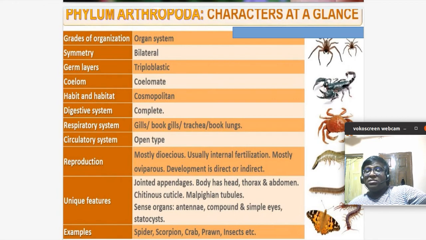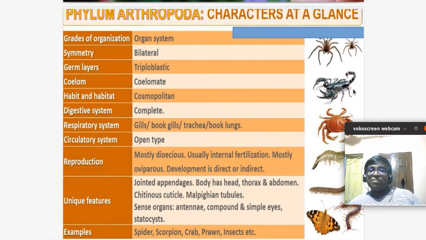See, the scorpion also belongs to this phylum Arthropoda as they have jointed legs. But scorpion is an example of ovoviviparous condition. They give birth to young ones; they don't lay eggs. But in the viviparous condition, whenever they give birth to a young one, usually the mother's body is attached to the young one through the placenta. There is no placental connection in case of scorpion.